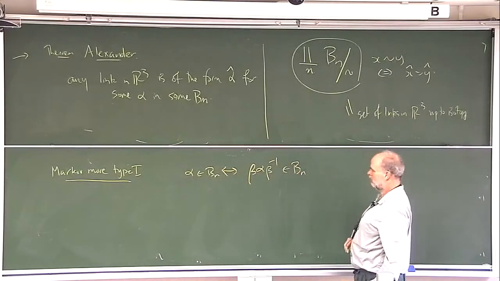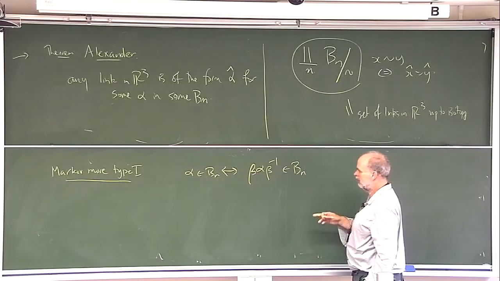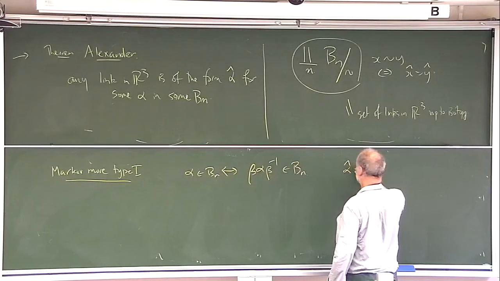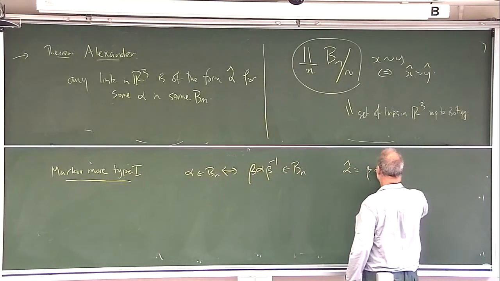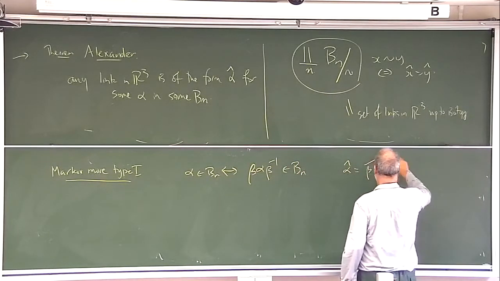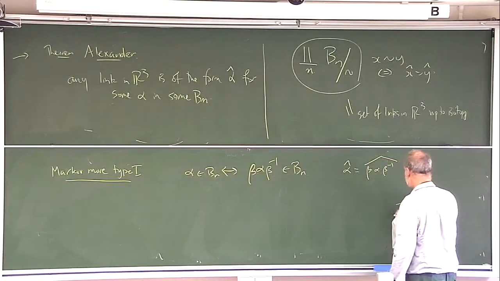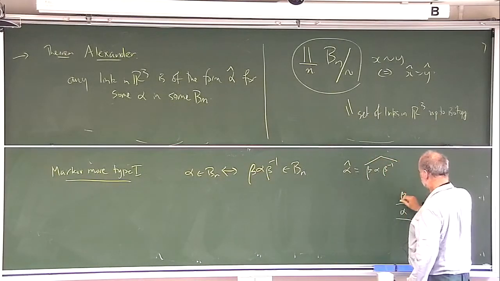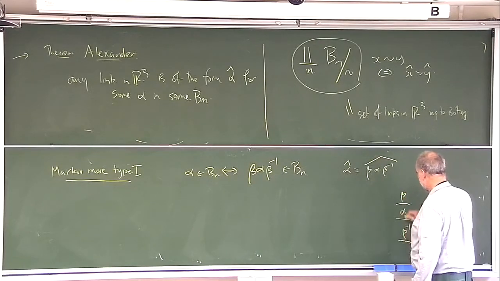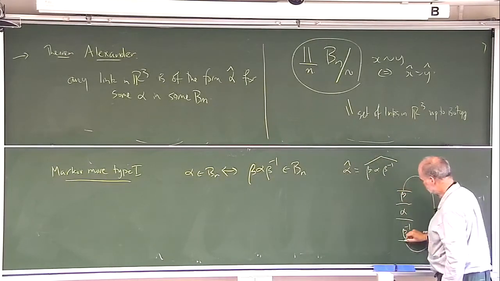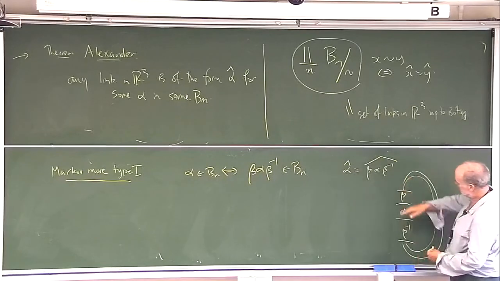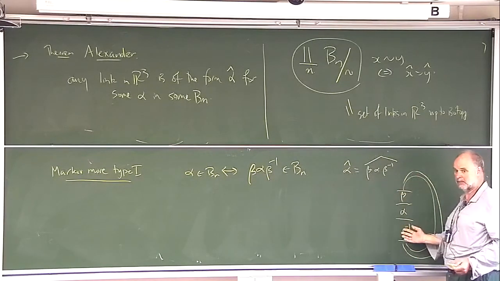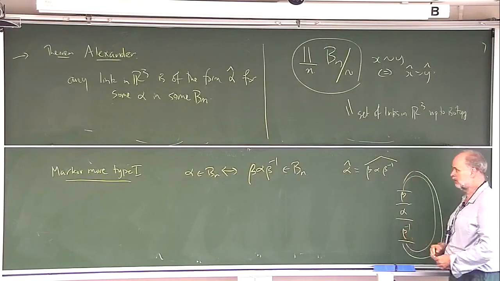So the claim is that if you change alpha by a Markov move of type 1, then you don't change the knot. You can see that pictorially quite easily if you take alpha, beta inverse, and then you close them around the back. You can simply take beta and bring it around there, and it would simply annihilate with itself when it comes around the other end.